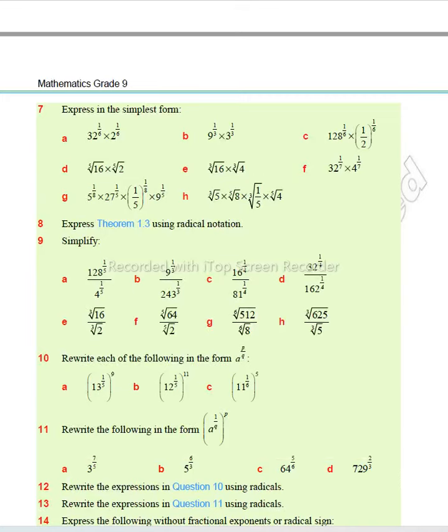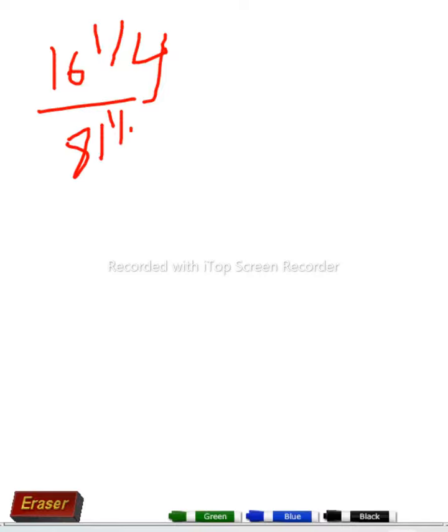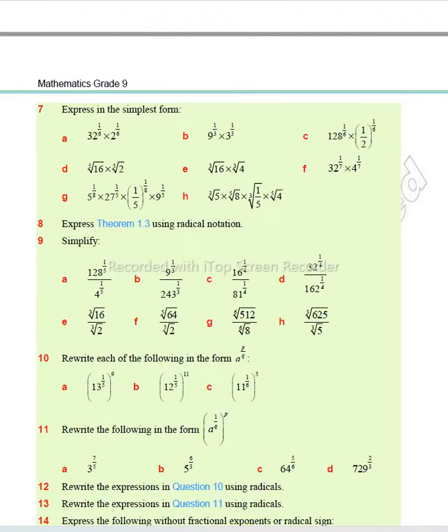We can say that 60 the power of 1 over 4 over 81 the power of 1 over 4. To check the equation again.